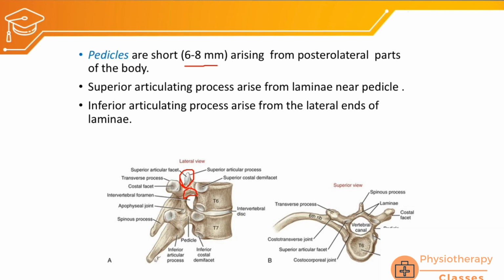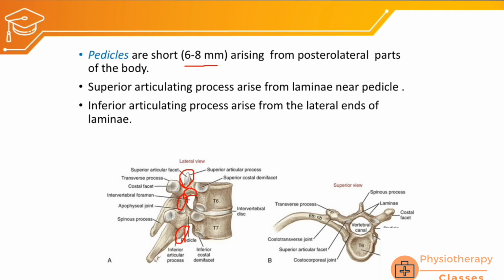The inferior articulating facet arises from the lateral end of the lamina. You can see it here. So these are the inferior articulating facets of the typical vertebra. It arises from the lateral end of the lamina.